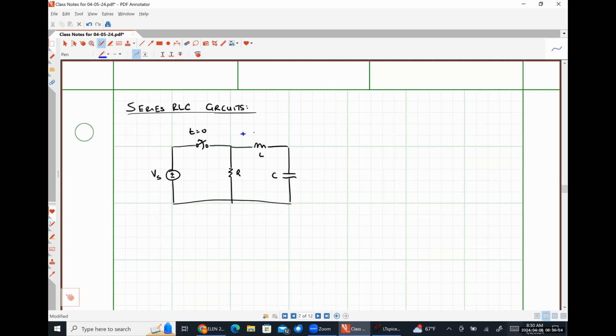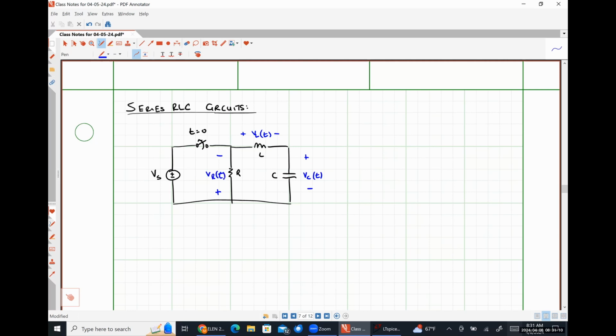So this is going to be the voltage drop across my inductor. This will be the voltage drop across my capacitor. And this will be the voltage drop across my resistor.